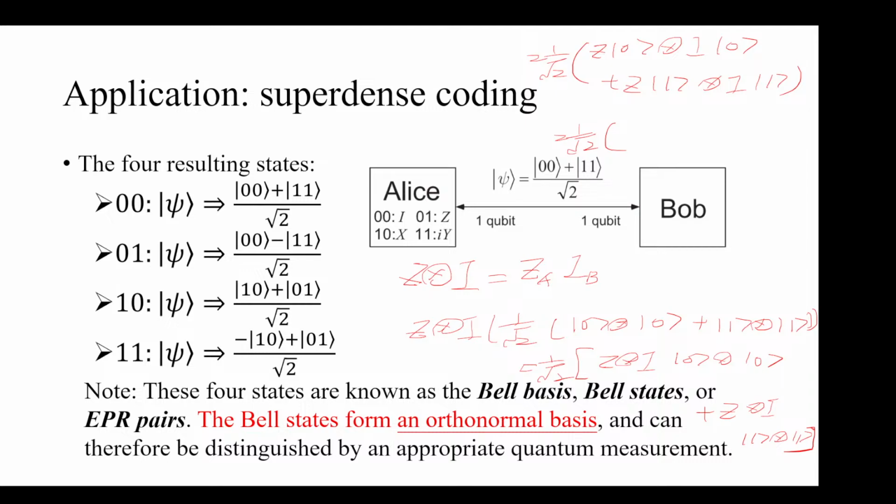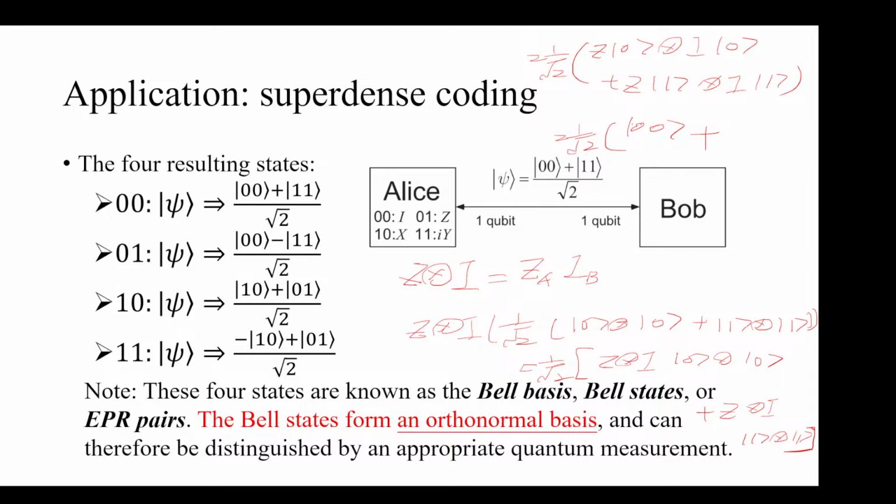I on 0 and I on 1 is just 0 and 1. And Z on 0: 0 is an eigenstate of Z with eigenvalue 1, and so it's still 0. So the first part is still 0 tensor 0, and so that's 0,0.